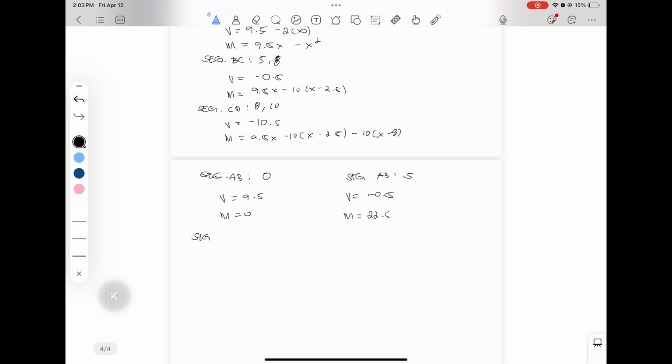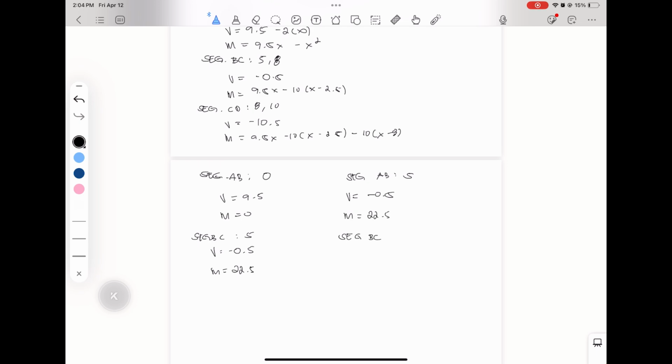Then segment BC, when it's 5, shear is also negative 0.5, moment is equal to 9.5 times 5 minus 10 times 2.5, same as well, it's 22.5.